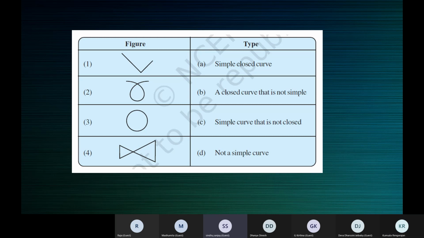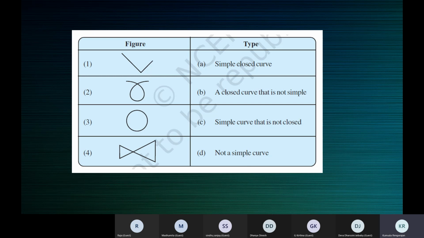Not a simple curve. Okay, I'm marking 1D. It's not a simple curve, you're saying.